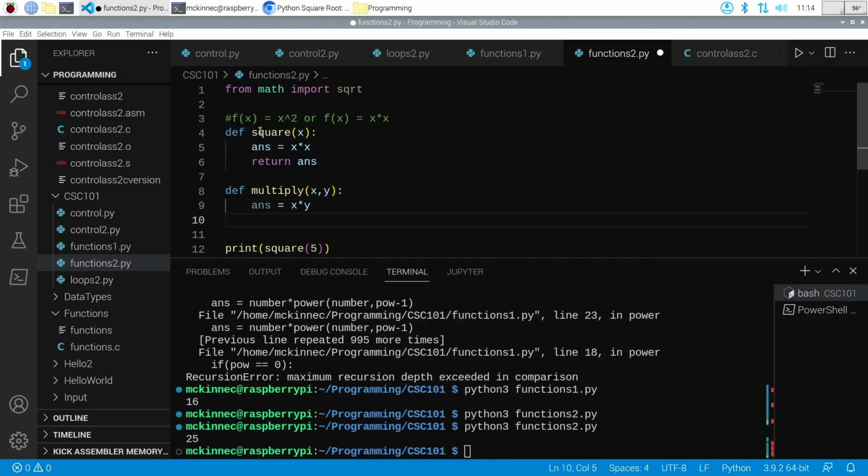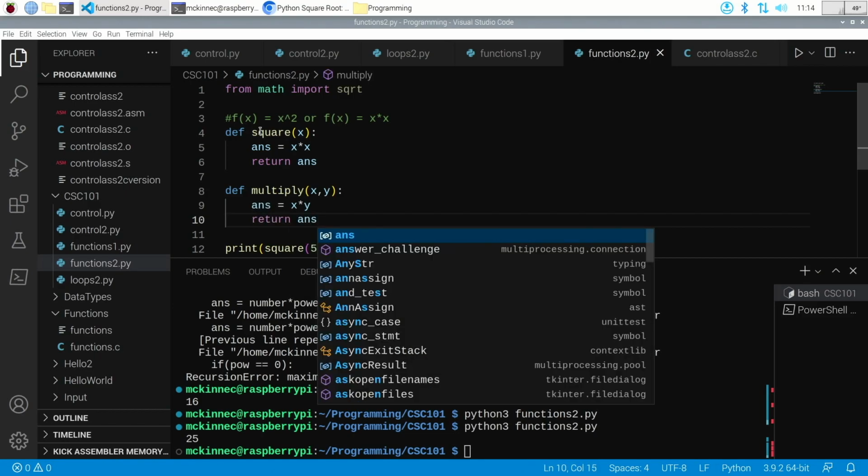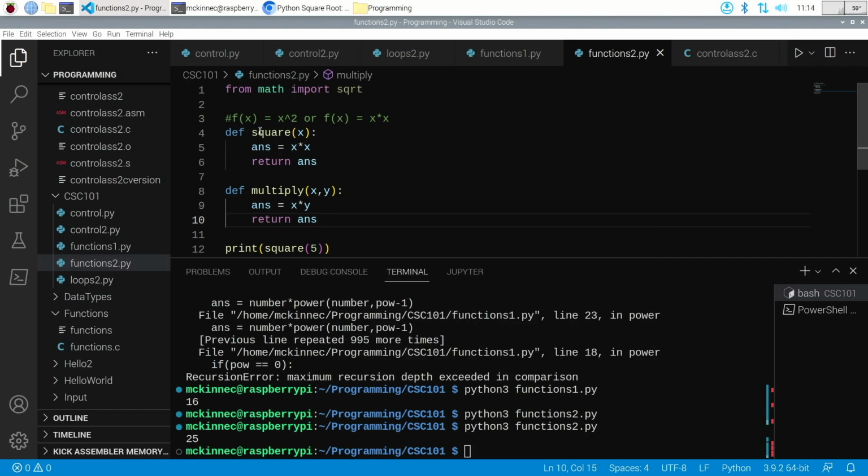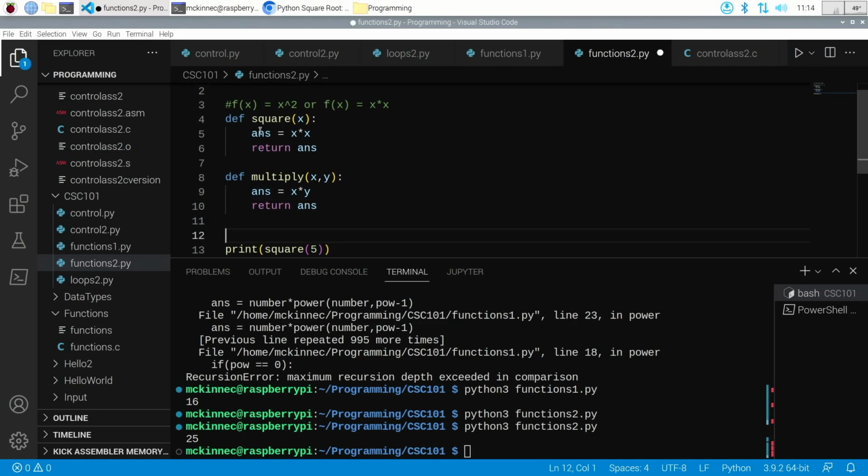Now, I would never actually do this in practice, but I could, right? So how about I take in two values, I multiply them, and I spit out the product of the two. Now, the reason I say I would never actually do this in practice is because I would just write x times y and be done with it. But for sake of demonstration, this is certainly fine.